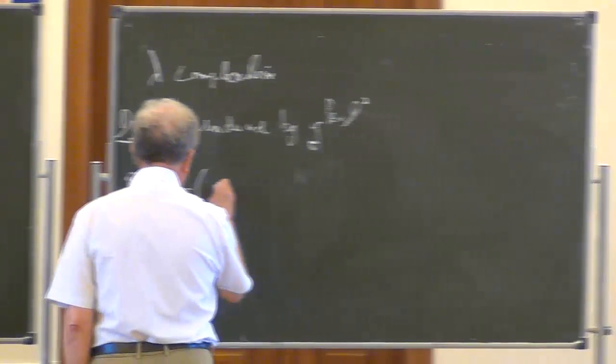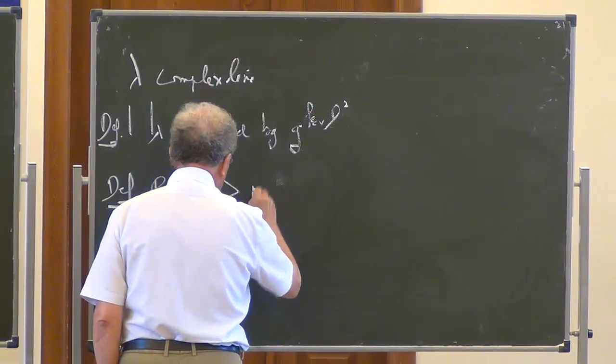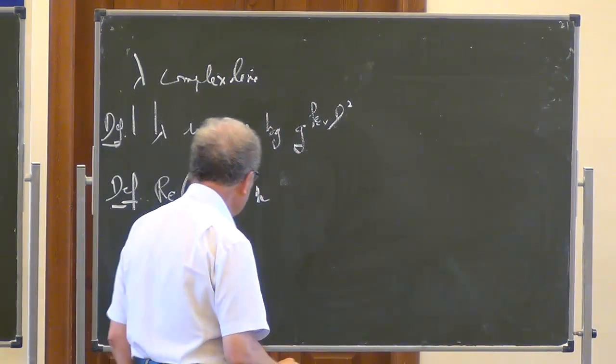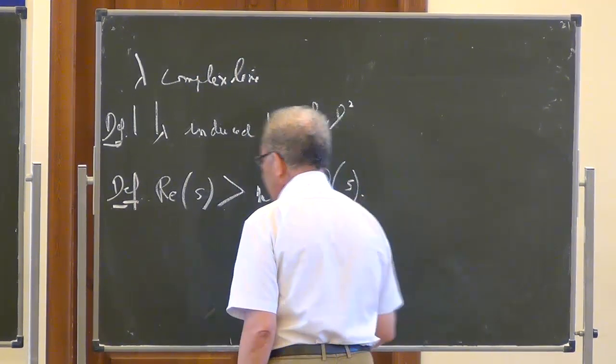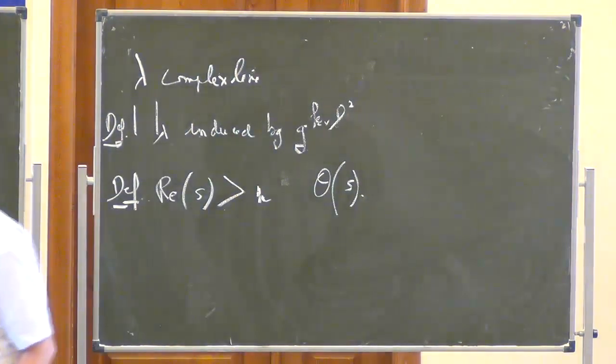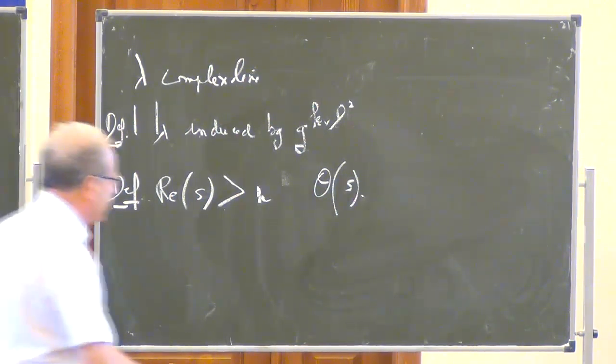So for real part of s big enough, in this case bigger than the complex dimension, I define θ(s). So θ(s) will be typically a sum of zeta functions associated with s.